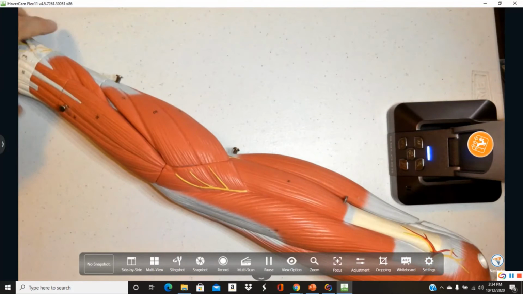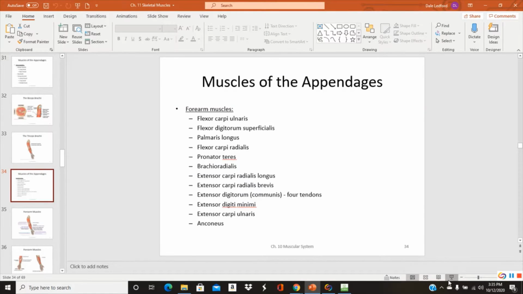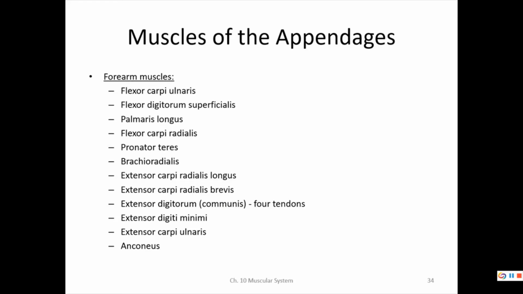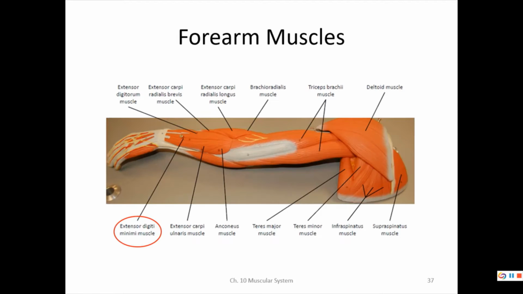And that finishes our forearm, to be able to see all those muscles. Now, what I do want to do when I discuss the hand is I do not like the model that I have here. That arm model does really well for all the different muscles we were talking about. I even took a photograph that I give you guys labeled just to show the extensor digiti minimi. It is not labeled in the textbook.